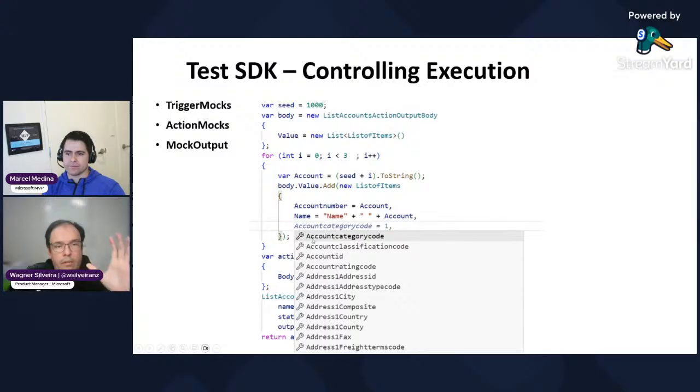It gives you full accessibility. In this example, because I have a mock output for that class, you have the ability to see all the properties that are available on that output, if the output is well defined.